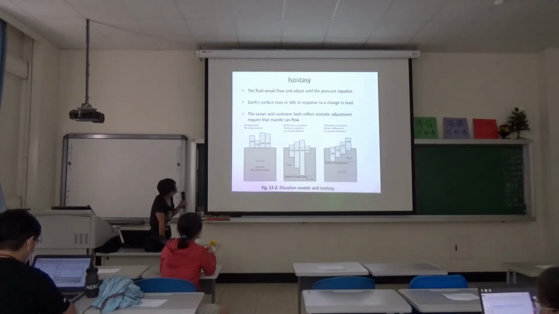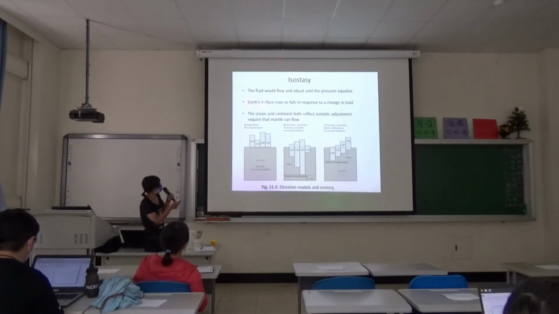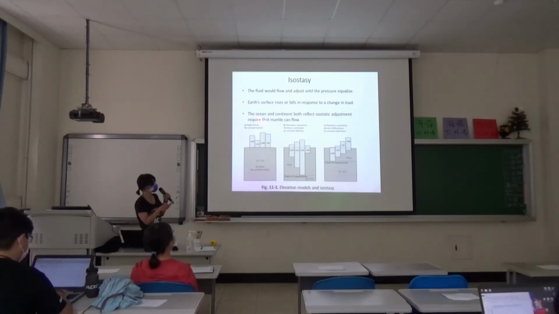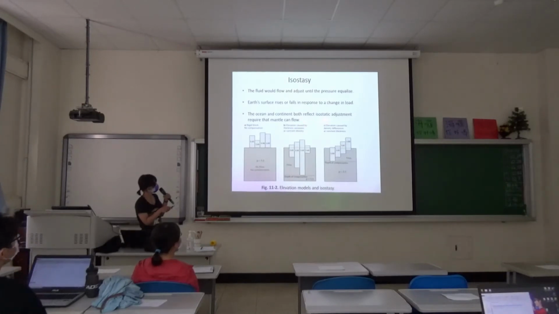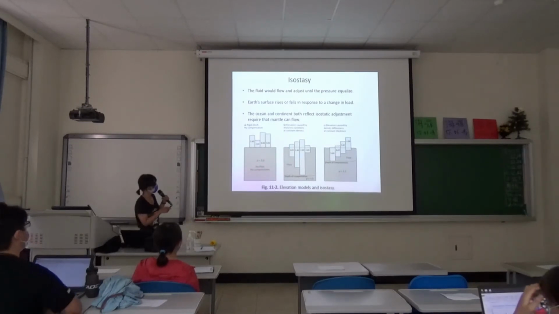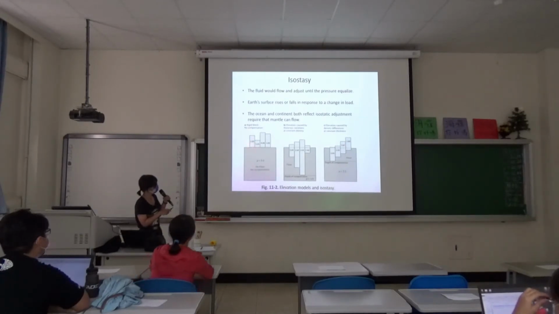Isostasy. Isostasy. Right. The fluid will flow and adjust until the pressure in the Earth's surface rises or falls in response to a change in load. The ocean and continents reflect those states, and isostatic adjustment requires mantle flow. In the A diagram, the square bars refer to the mantle and the rectangle blocks refer to the crust.